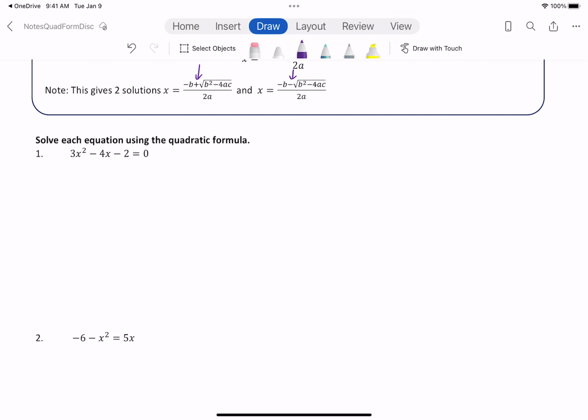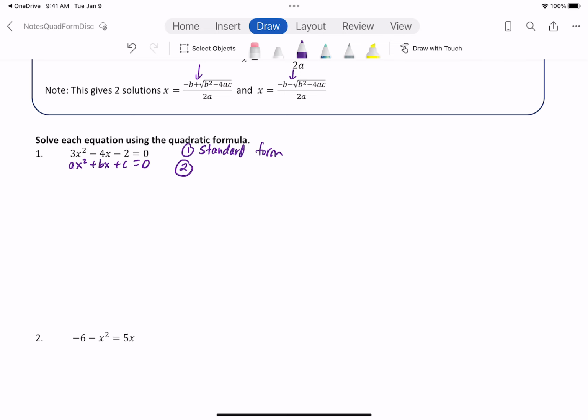One of them is -b plus the root of that expression, and the other is -b minus. Alright, so let's look at an example of one. This first one says solve the equation using the quadratic formula. When we're going to use this method, we want to make sure that our equation is in that standard form. And this is in ax squared plus bx plus c equals 0 form.